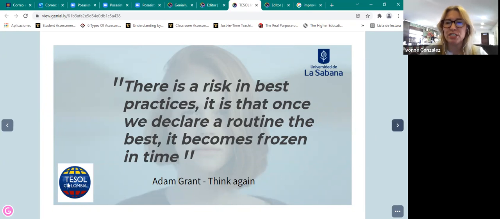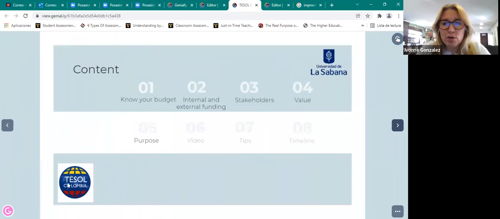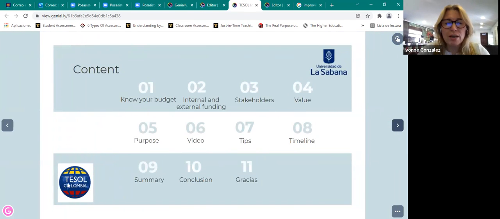Okay, let's start with the presentation. We're going to cover very fast 10 things that I want to emphasize. The first one will be about the budget: what to take into account when you're thinking about the budget to start deciding how to raise money to cover it.